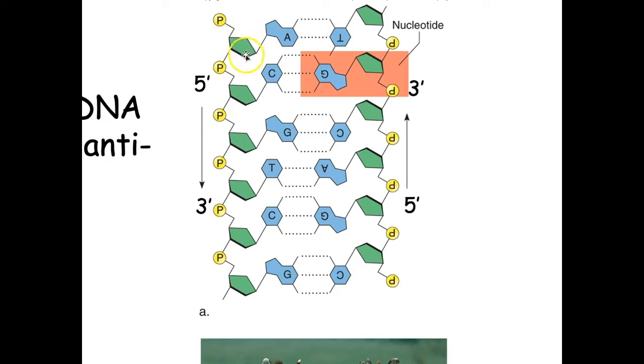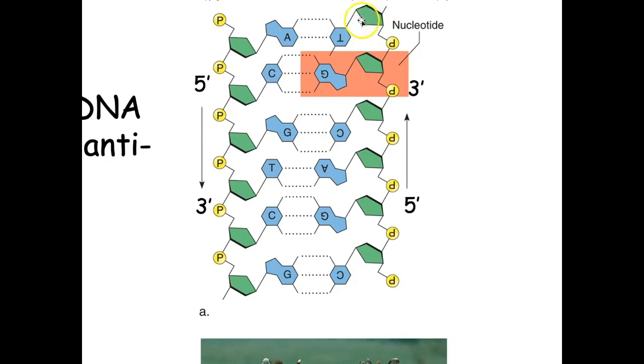So here is our pentose sugar, and remember, this little peak is where our oxygen is. If we look over here on the other side, our little peak is flipped upside down. Here, our 5 prime in this particular visual is at the top. Of course, we could turn it sideways. It would still be the 5 prime to 3 prime strand because the 5 prime would still come first.